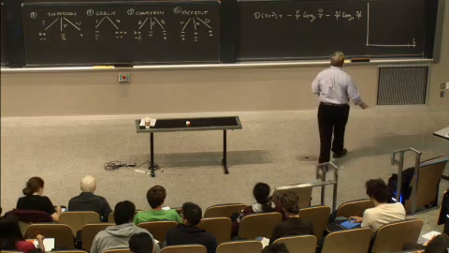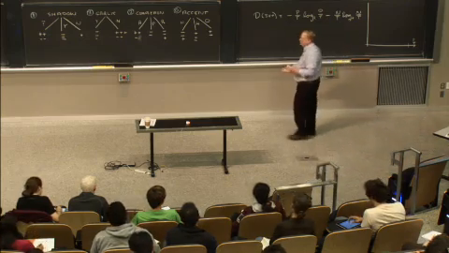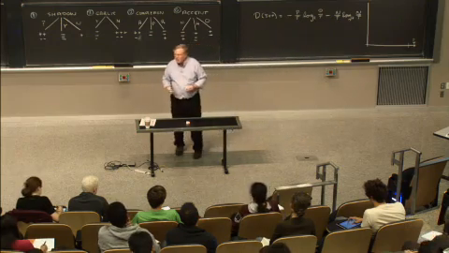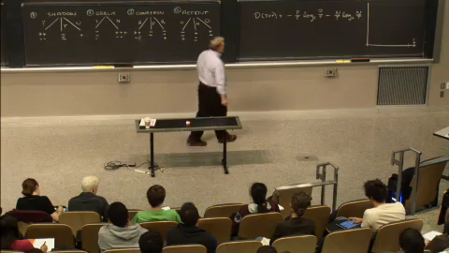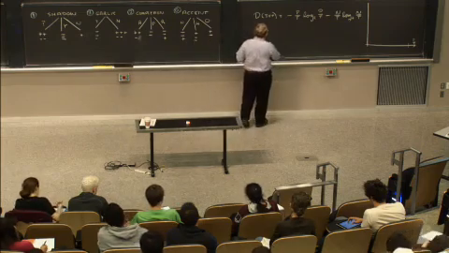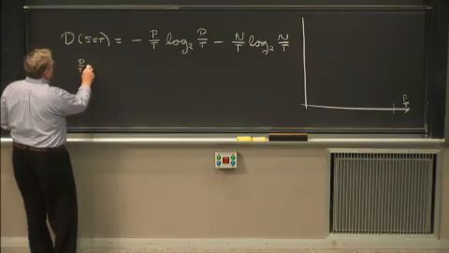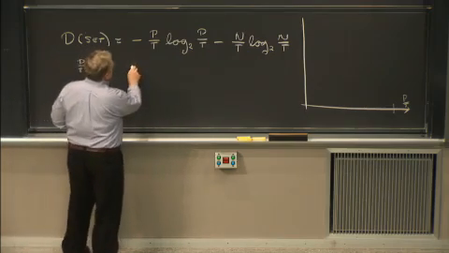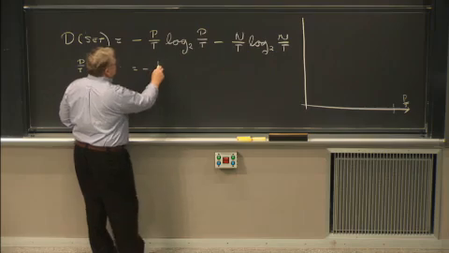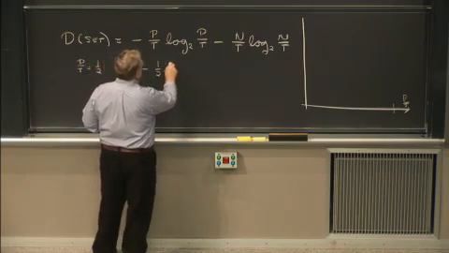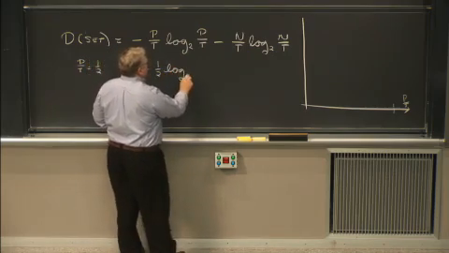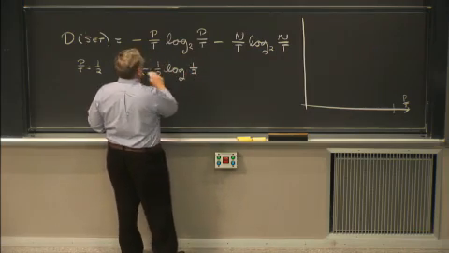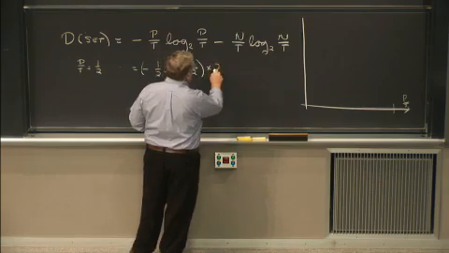Okay, so let's see. Let's suppose that the number of positives is equal to the number of negatives, so we got a completely mixed up set. It has no bias in either direction. So in that case, if P over T is equal to 1/2, then this is equal to minus 1/2 times the logarithm of 1/2. And I guess since they're both the same, we can multiply by 2.